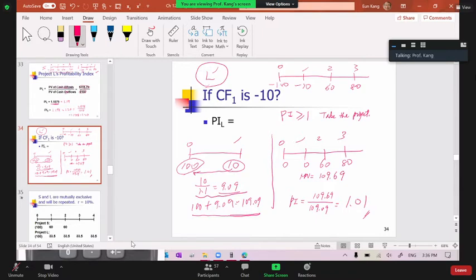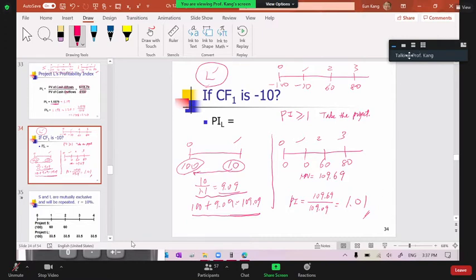If there are 5 projects, but all the PI is less than 1, then what? Your answer is none. Some people think that for mutually exclusive, you have to choose 1. No, you can choose 1 only when that's profitable. So the bottom line is PI has to be greater or equal to 1, and then among those, you pick the highest PI for mutually exclusive projects.